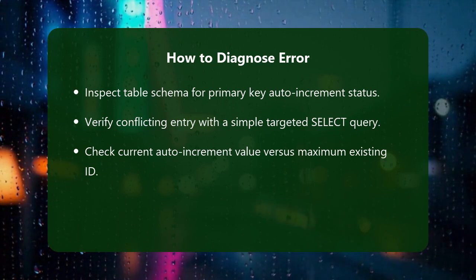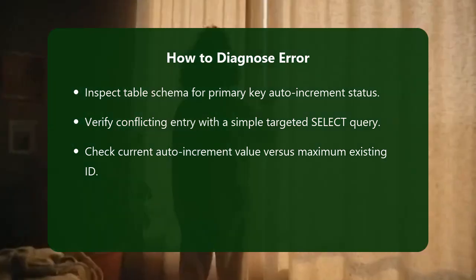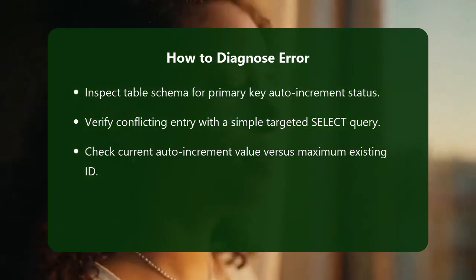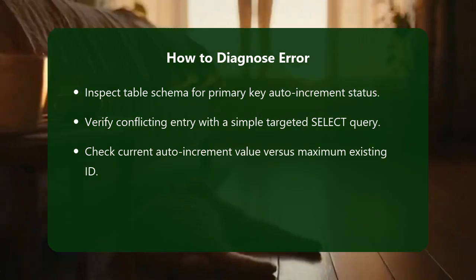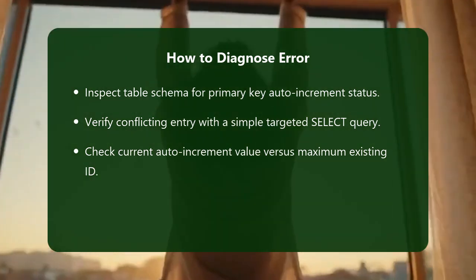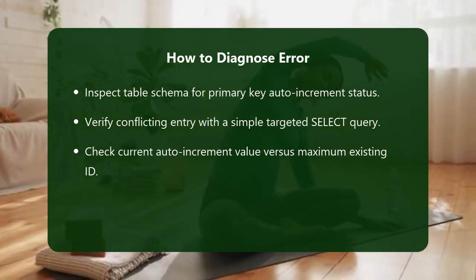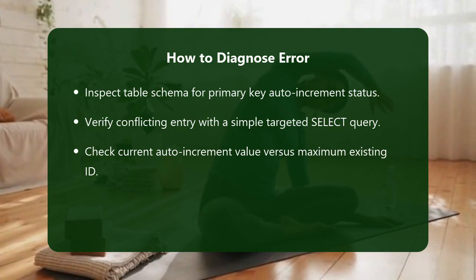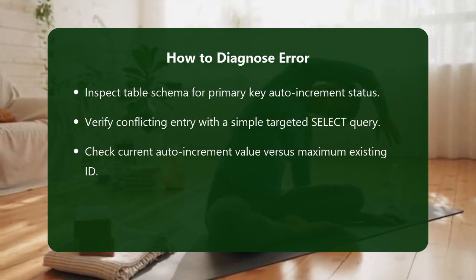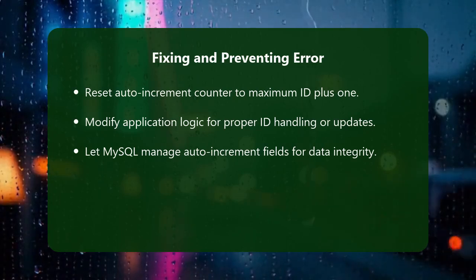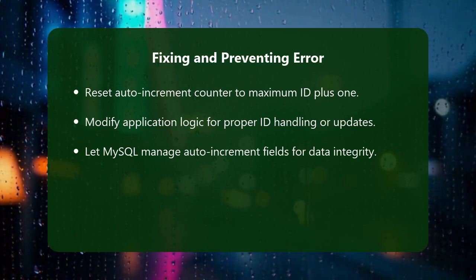Crucially, check the current auto-increment value for your table using show create table your table, or by querying the information_schema: select auto-increment from information_schema.tables where table_name equals your table and table_schema equals your database. Comparing this value to select max ID from your table will often reveal if the counter is out of sync.